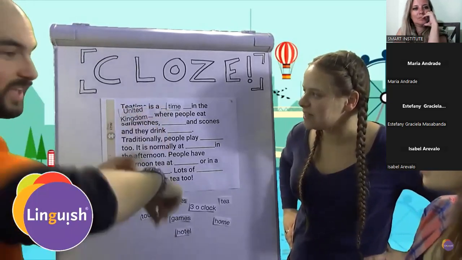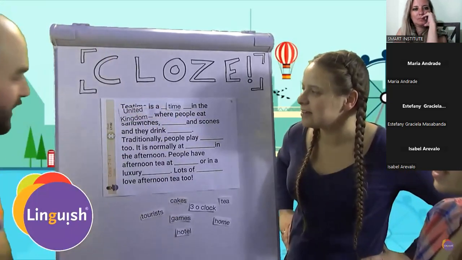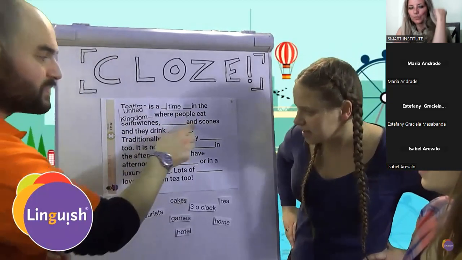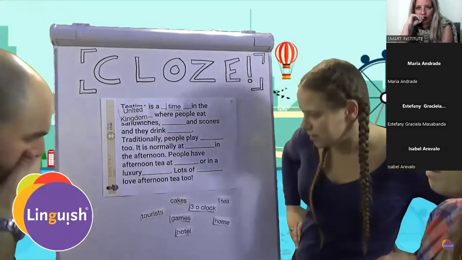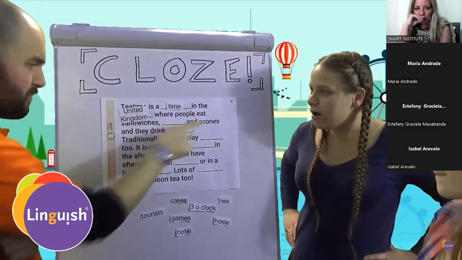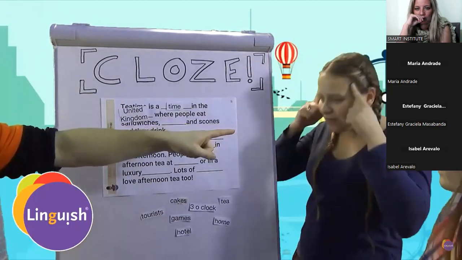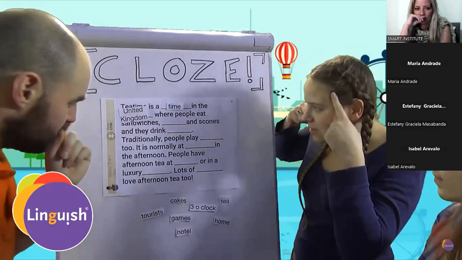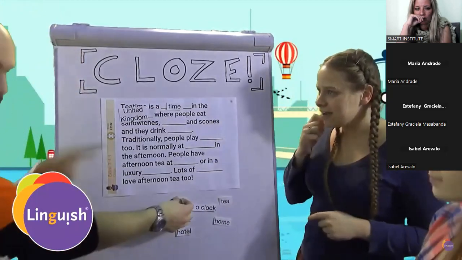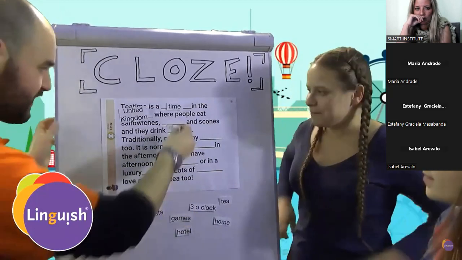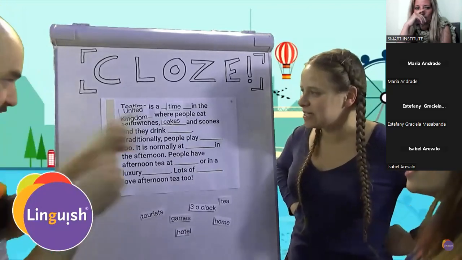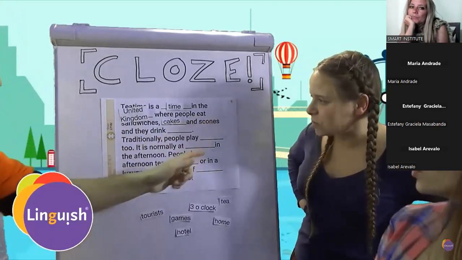Tea time is a time in the United Kingdom where people eat sandwiches and scones. I think it's sandwiches and cakes. Ah, do you agree? Yes. Okay, let's read. Where people eat sandwiches, cakes, and scones.